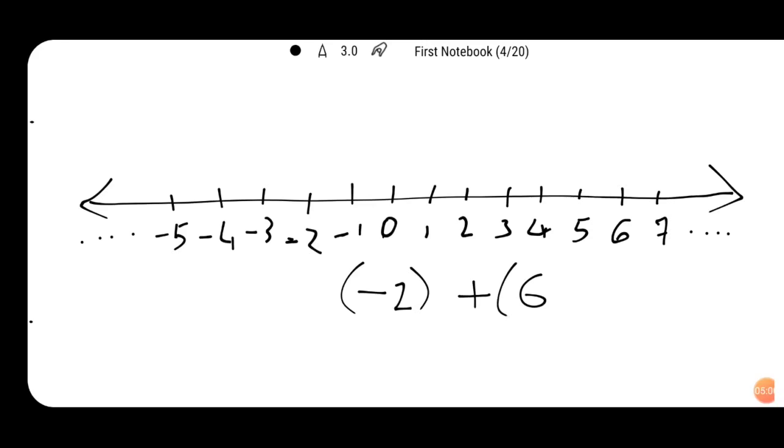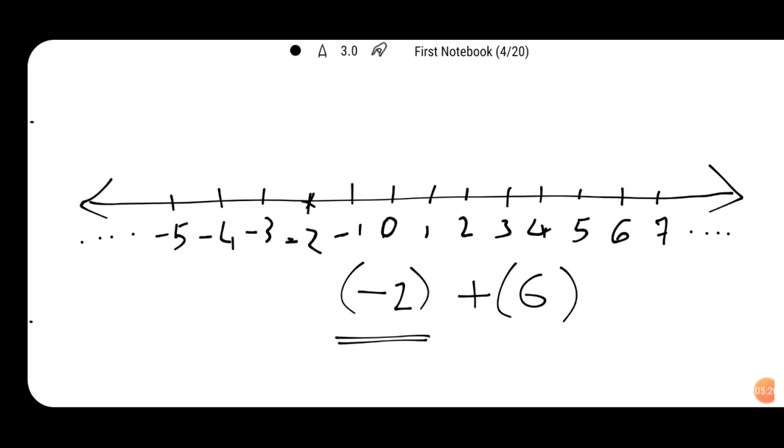So I am adding positive 6 to negative 2. Now from where will we start? We will start from negative 2. We are adding a positive 6 to negative 2.